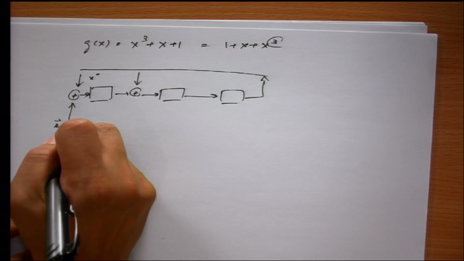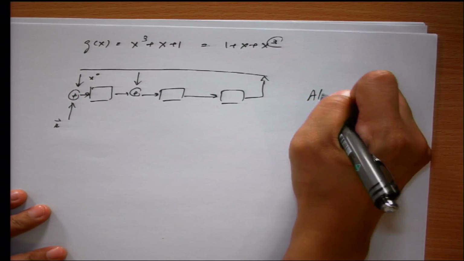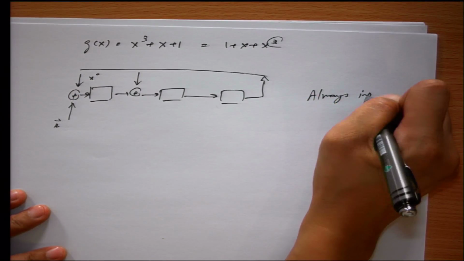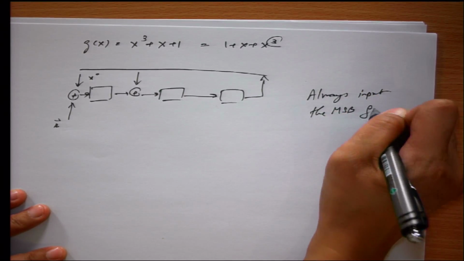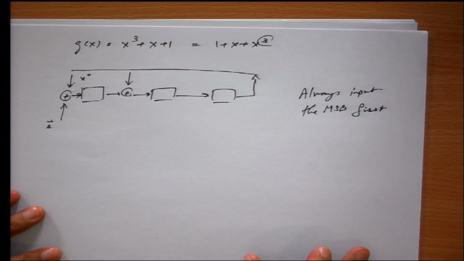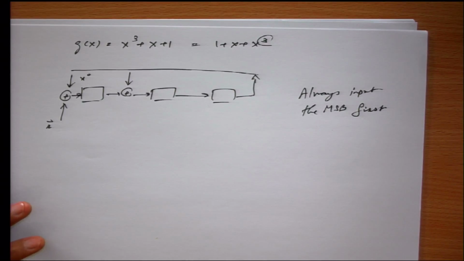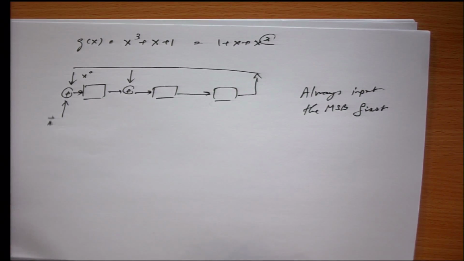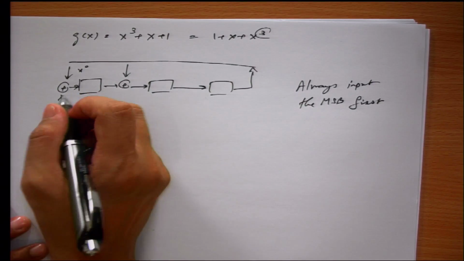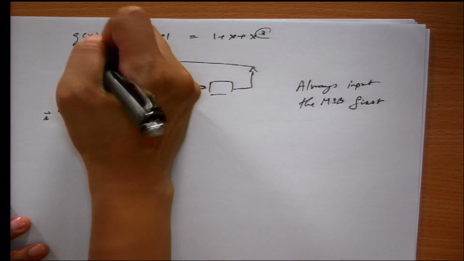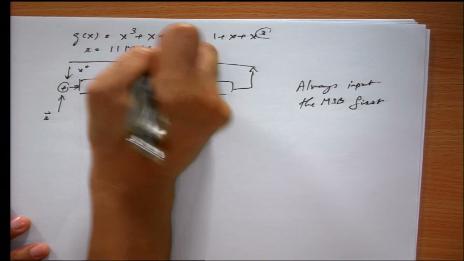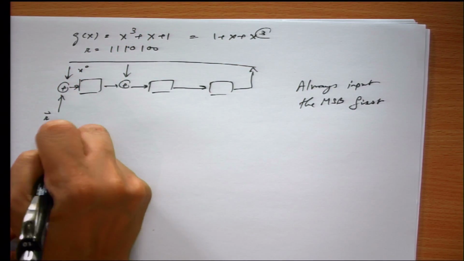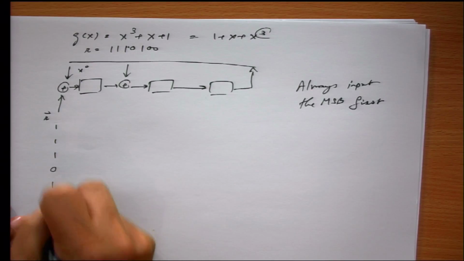Now, always input the most significant bit first. The same thing as encoding and decoding. So R is equal to 1110100, so I put 1, 1, 1, 0, 1, 0, 0.